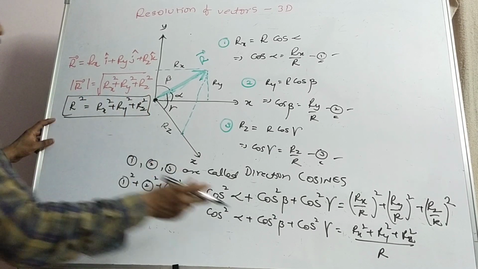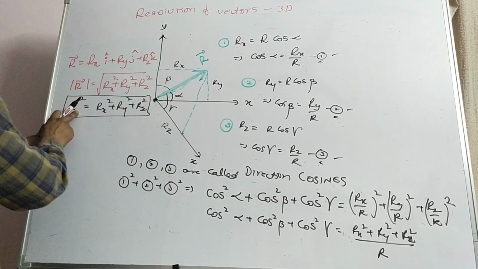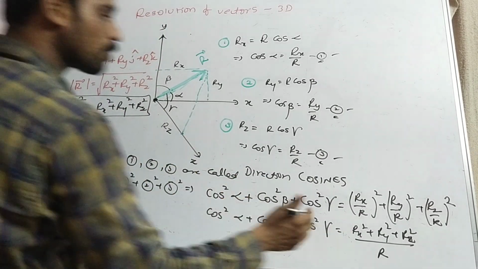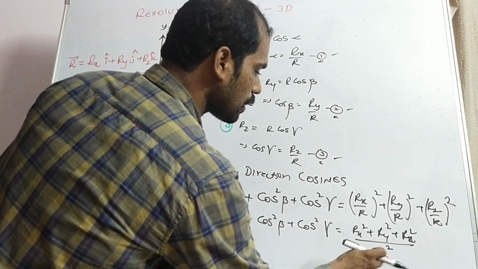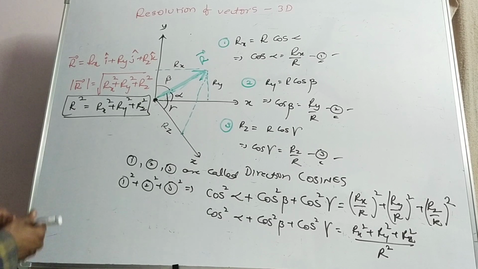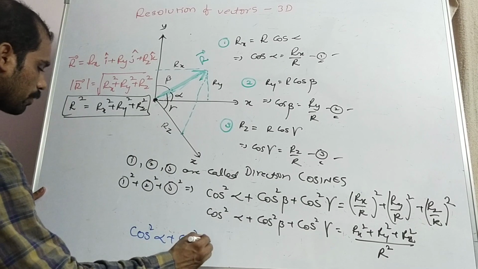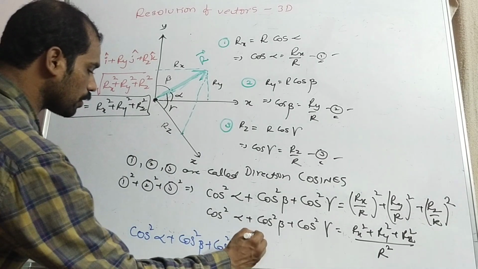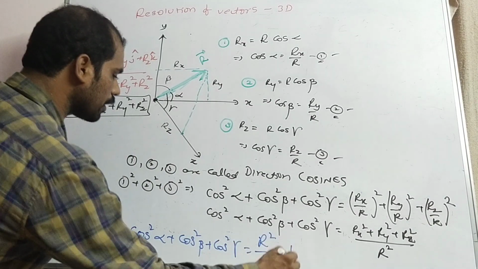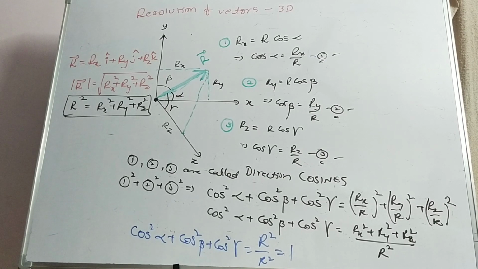Comparing these two expressions, the final expression is cos square alpha plus cos square beta plus cos square gamma is equal to R square by R square, that is 1. Okay, now that is direction cosines.